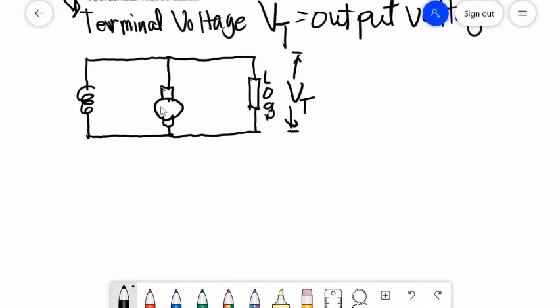Inside of a generator, there is what we call armature resistance, RA.